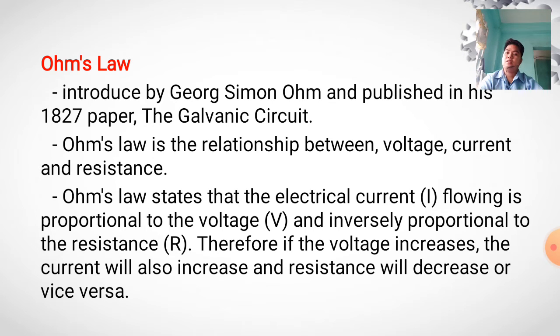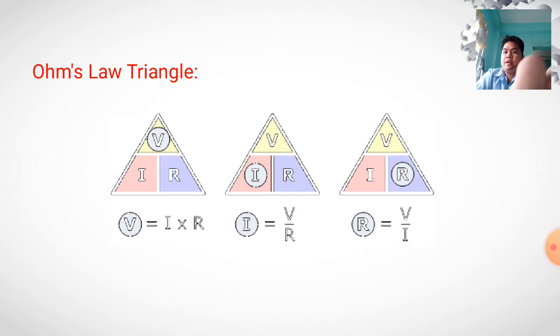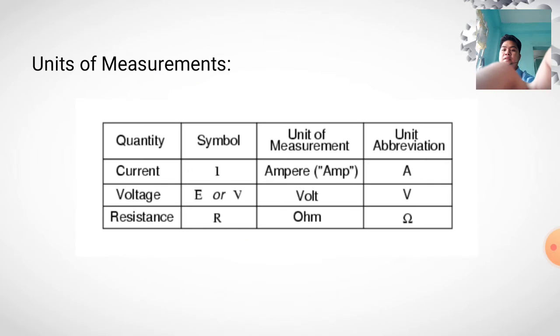proportional to the resistance. Therefore, if the voltage increases, the current will also increase, and if the resistance increases, the current will decrease, or vice versa. It is represented by the formula I equals V over R, wherein I is the current, V is the voltage, and R is the resistance.